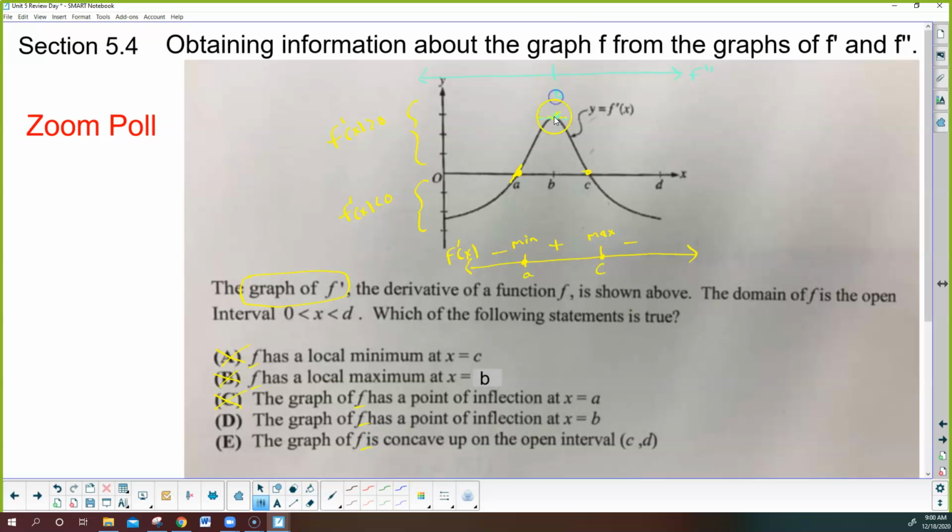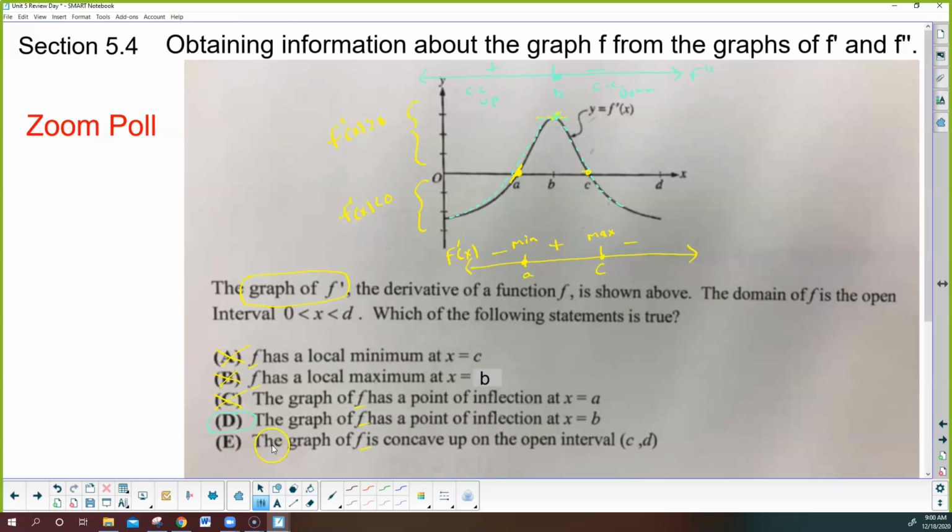Right here at B. And then what do you know about the slopes to the left of B? They're all positive. What do you know about the slopes to the right of B? They're all negative. And this is a second derivative that goes from concave up to concave down, which means, yes, there is a point of inflection at B because the derivative is 0 and there's a sign change. So the correct answer is D.